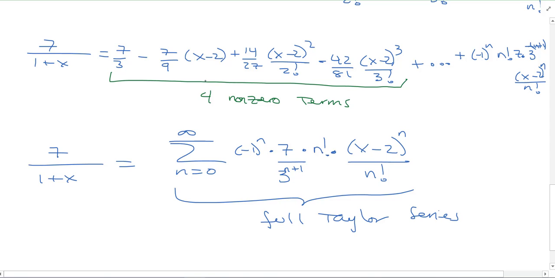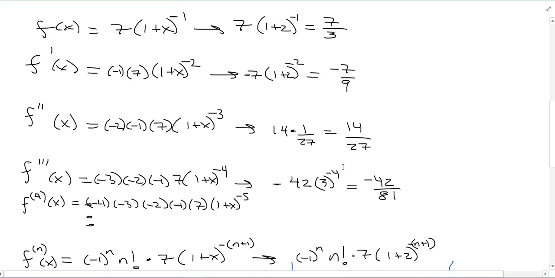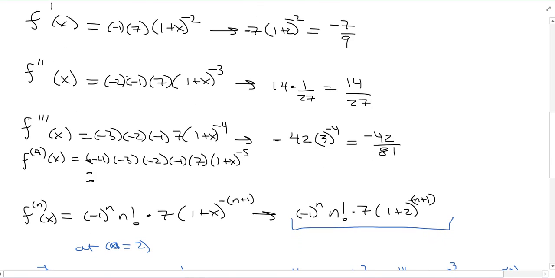Versus what your homework was asking was just for the first 4 non-zero terms. But again, to emphasize, when you're looking for the pattern to be able to write the full Taylor series, then you need to start taking derivatives, and my advice is don't do the math. Don't multiply as you bring those exponents down, don't multiply things out, because not multiplying it out is easier to see the pattern.